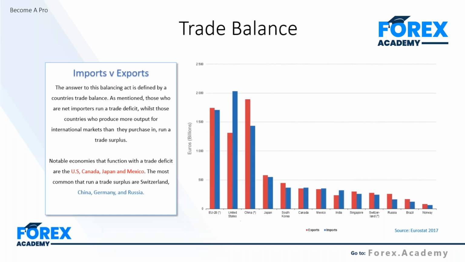Again, the question that we can always ask as forex traders is, how does this affect the US dollar? Is this one reason why we've seen the US dollar start to really decrease over 2017? The fact that it's always running a trade deficit with huge trading partners, and there is of course strong demand for the US dollar in terms of different investments and the amount of return that those investments can create.